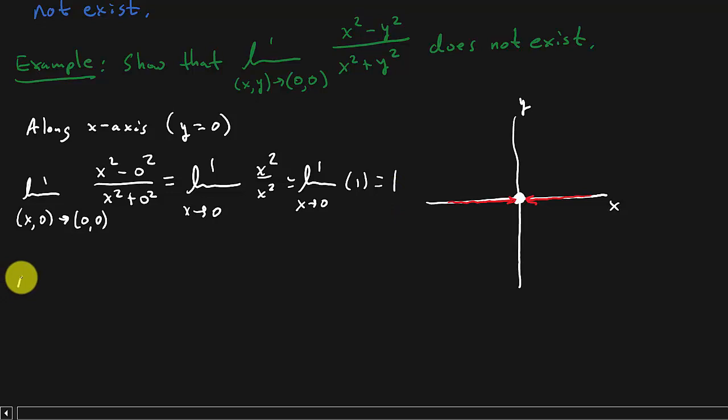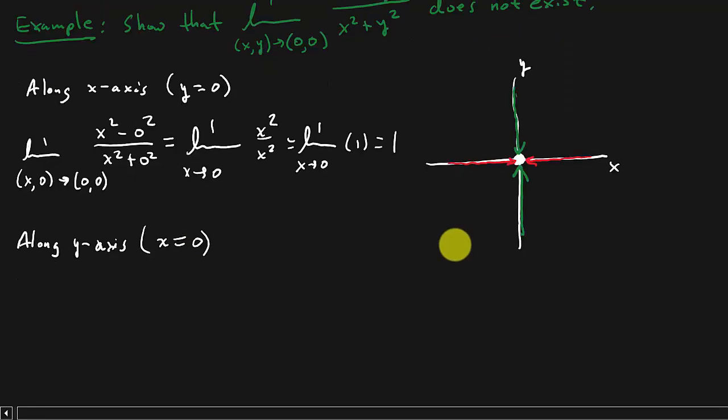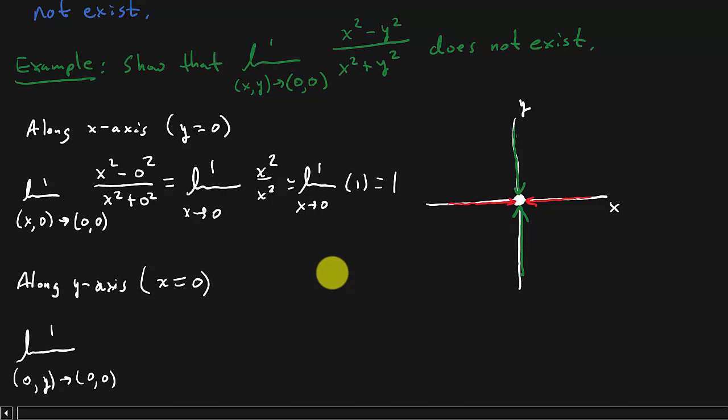All right, now let's come in along the y-axis. So if we come in along the y-axis like this, that means what? That means our x value is equal to 0, right? So we've got the limit as (x, y) approaches (0, 0) of, all right, so let's plug this in.